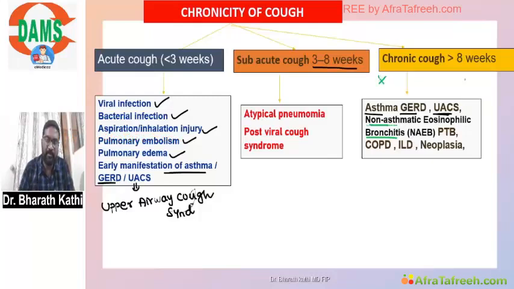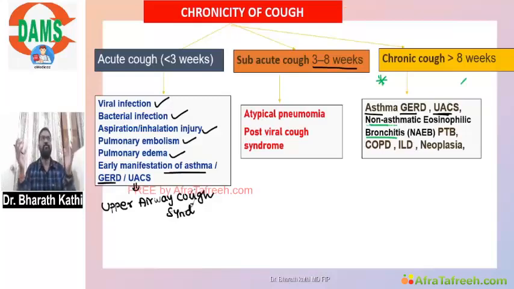They'll ask you, tell me what are the causes of chronic cough. At that time, you should not get a thought block. So what causes chronic cough? At least know that asthma, GERD, upper airway cough syndrome, pulmonary tuberculosis. Don't miss pulmonary tuberculosis as long as you are in India. Then COPD, interstitial lung disease and neoplasia.